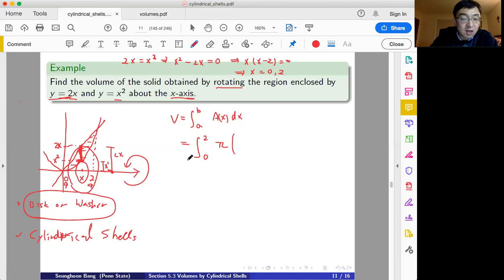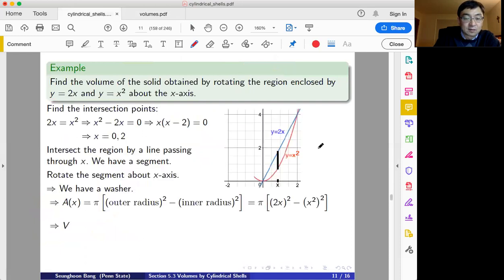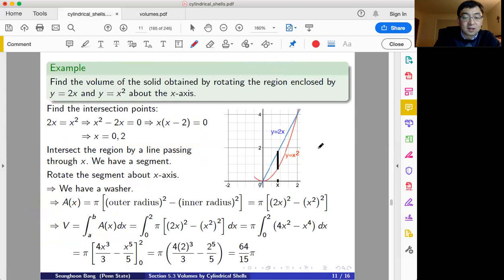Pi times outer radius squared, the outer radius is 2x, minus inner radius x squared, squared. Next, calculate. This is the whole idea.